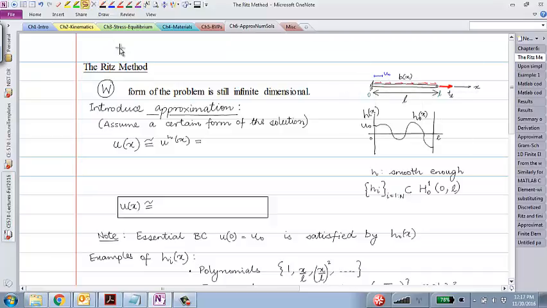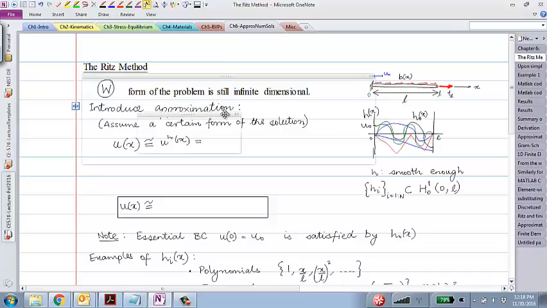Then what I will do is I'll choose all other functions, h1, h2, h3, and so on. I can choose all of those functions. Could be a function like this, could be a function like this, could be some other function with a couple of kinks in there, could be sinusoid, doesn't matter.